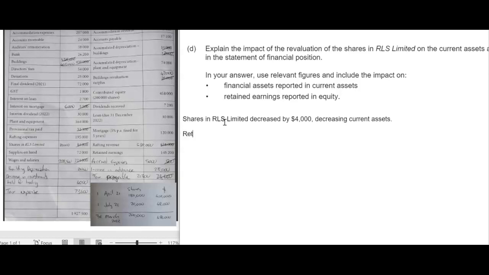So retained earnings, first part that decreases. Because therefore reducing retained earnings.